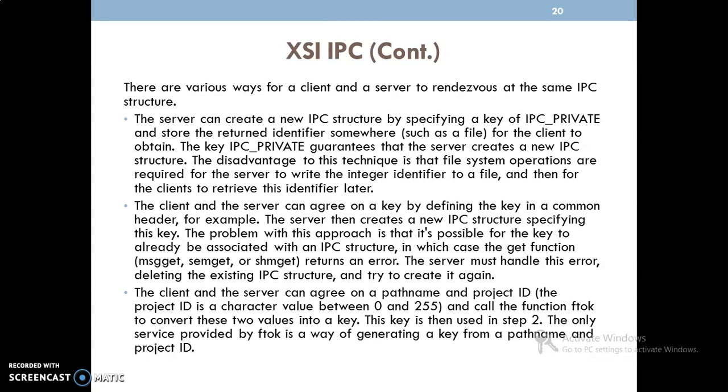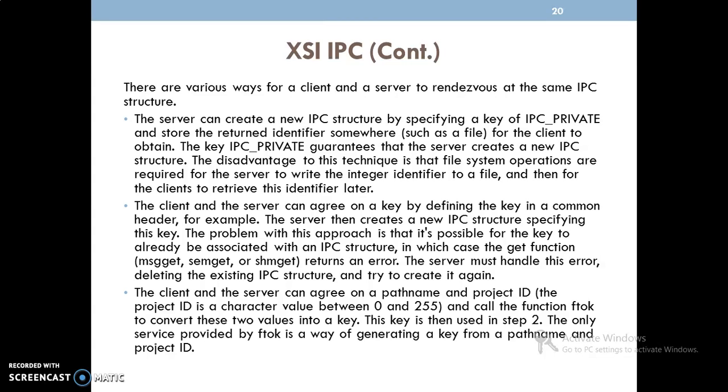The disadvantage of this technique is that file system operations are required for the server to write the integer identifier to a file and then for the clients to retrieve this identifier later. So in this structure we can find a unique identifier that later on the client can refer to.